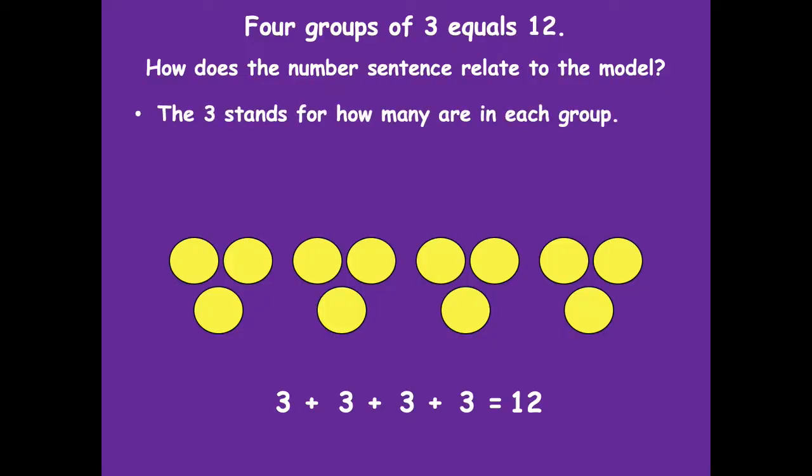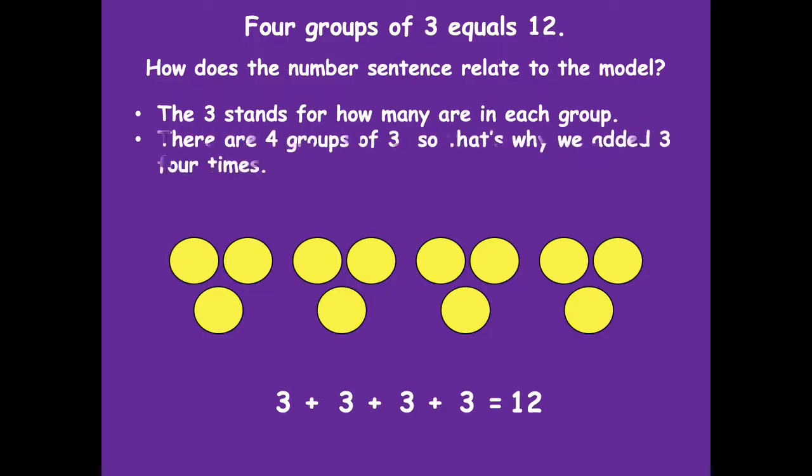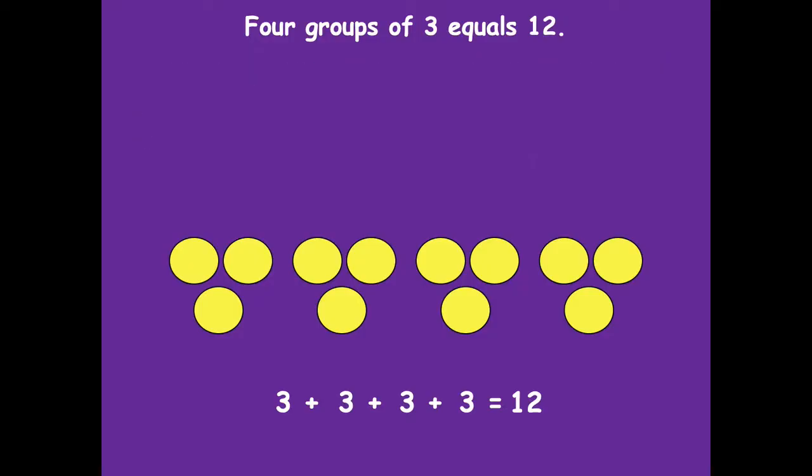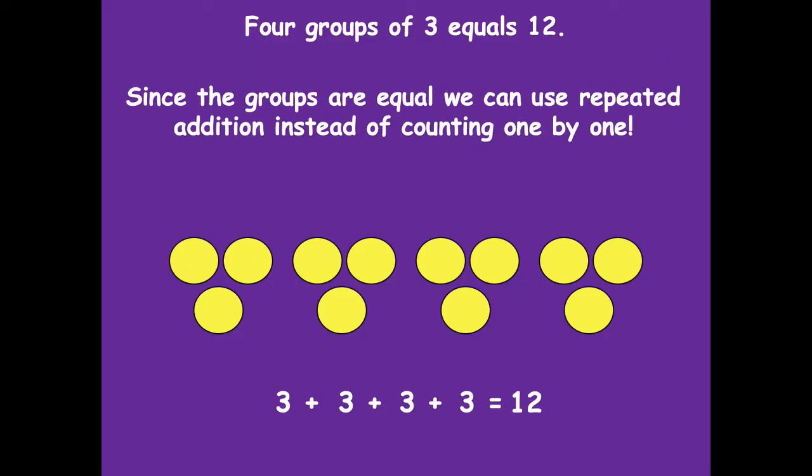Well, one way is the 3 stands for how many are in each group, right? And then there are 4 groups of 3, so that's why we added 3 4 times. And then there's 4 3s in the model and the addition sentence. So since the groups are equal, we can use repeated addition instead of counting one by one.